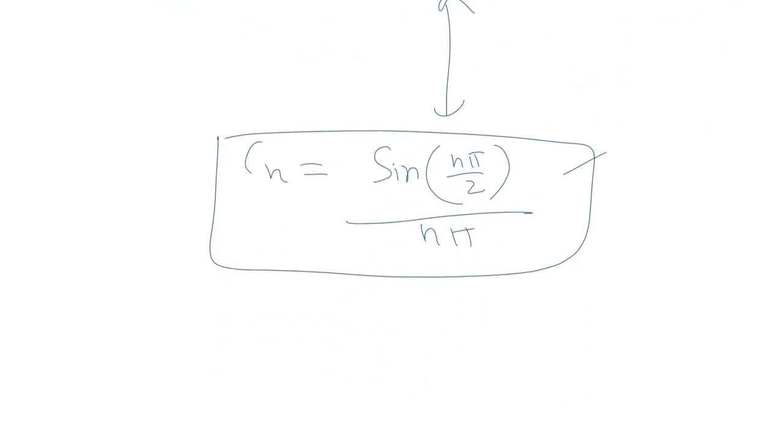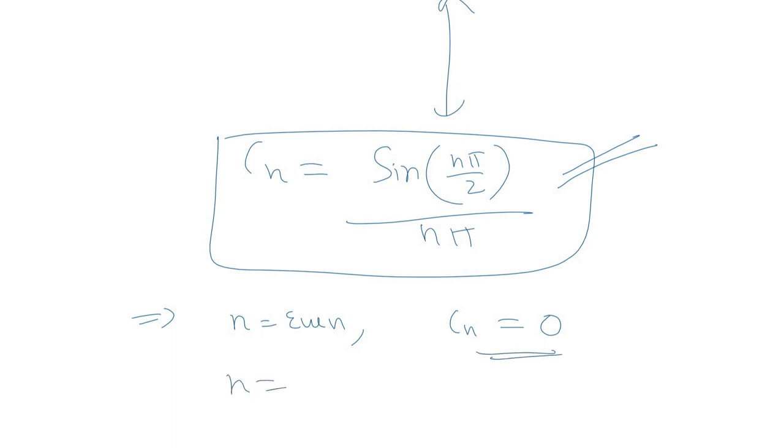Now since it's a sinusoidal signal and the argument is n pi by 2, we'll find it out for different even and odd values of n. So when n is even, Cn would be equal to 0, clearly, because sine of this argument would lead us to the coefficient being 0.